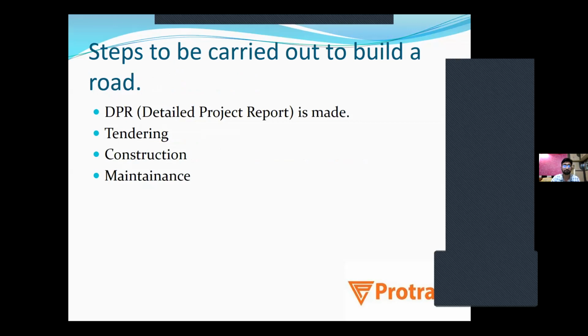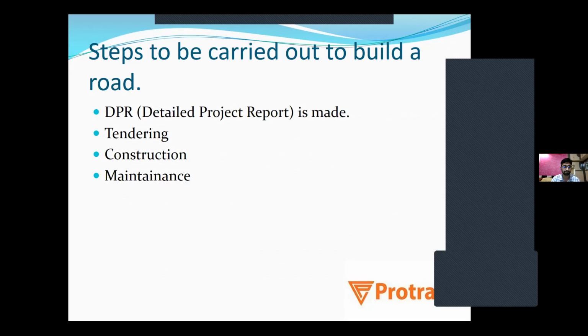Steps to be carried out to build a road. First of all, whenever you are trying to build a road, the authority creates a committee, and in that committee the DPR consultant is engaged. So the detailed project report of that project is made. In the detailed project report, we carry out various activities such as types of surveys, quantities are calculated, and the detailed cost of the project is done.